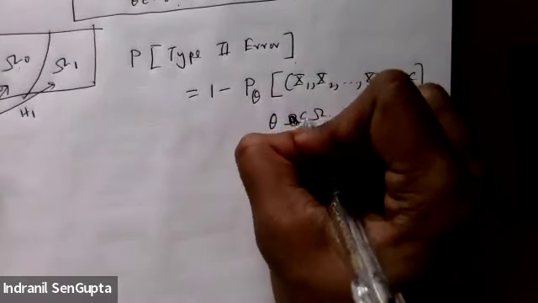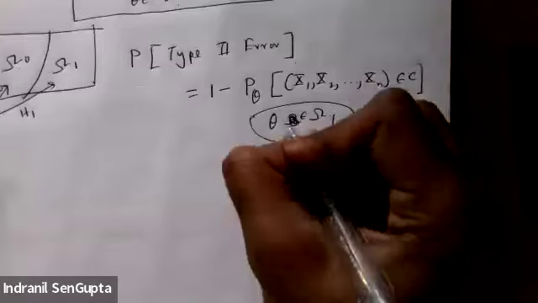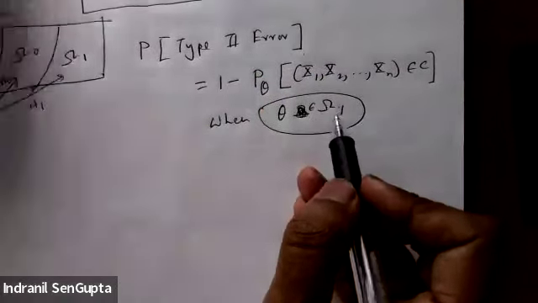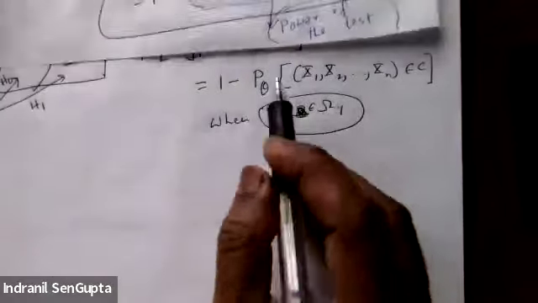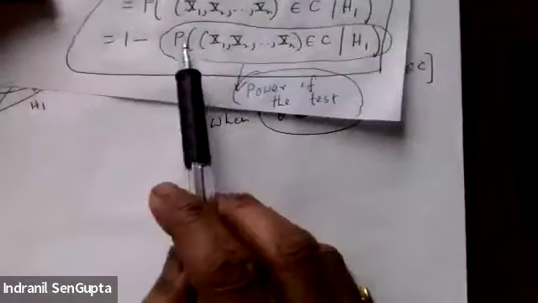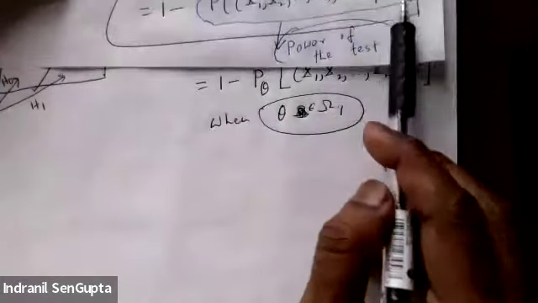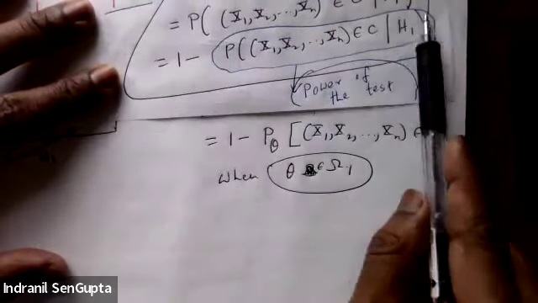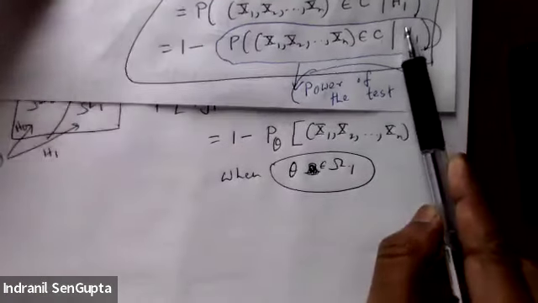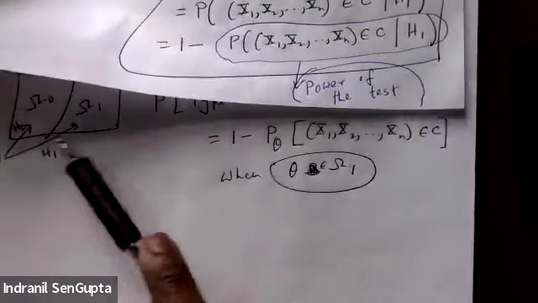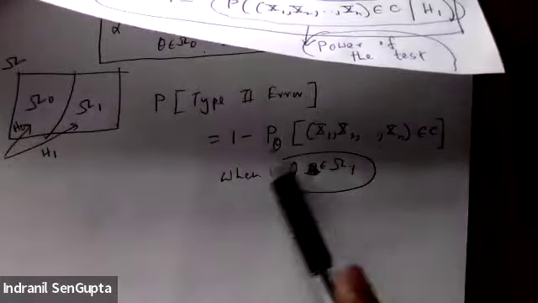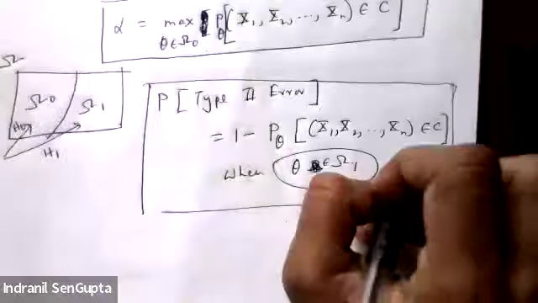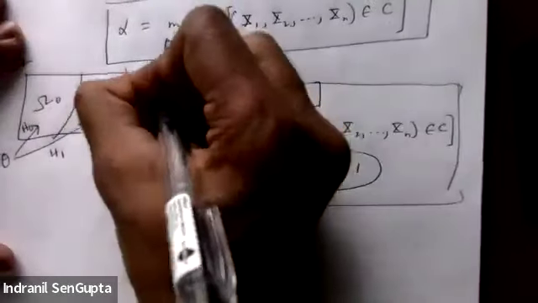So theta is in omega 1. This is another way of writing the same thing, which is written here. The probability of type 2 error, I wrote before this way. So what is the difference between this notation and this notation? Here we specify H1, but H1 is basically theta is in omega 1, right? So that takes care of this one. Another way of writing the same thing.